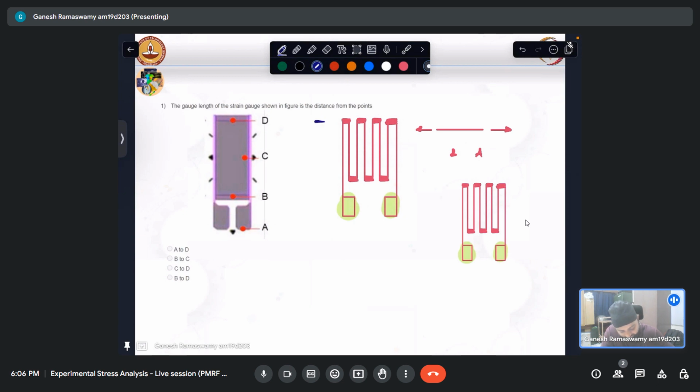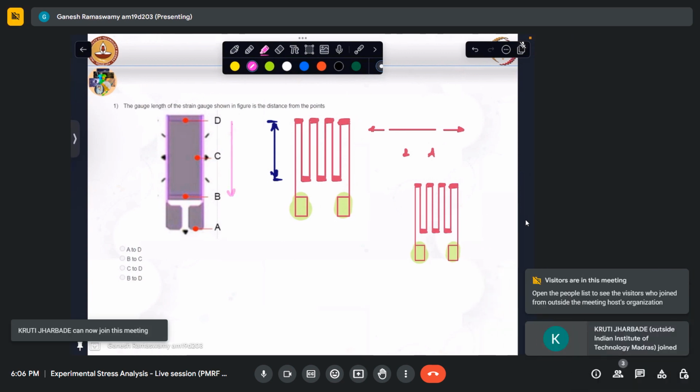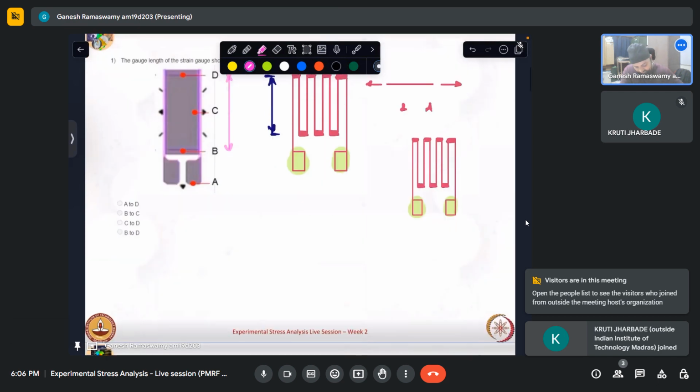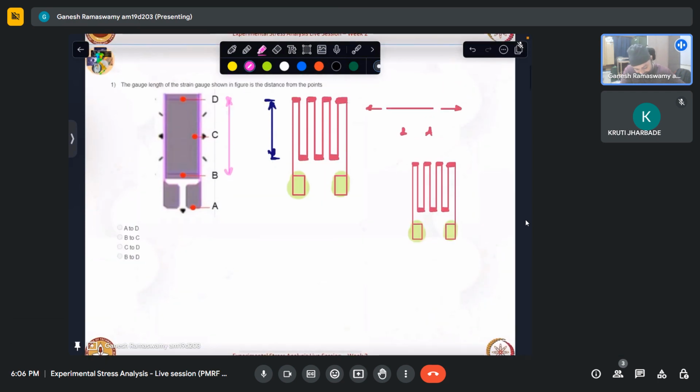So essentially my strain is being measured with that as the gauge length. From here we can see clearly that that distance is represented by the distance between point B and D. So my strain gauge has a gauge length between the points B and D.